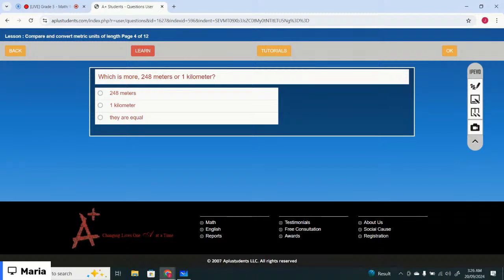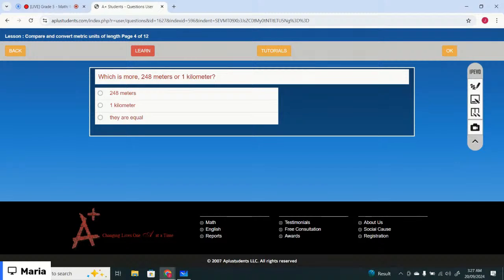In 1 kilometer you have 1000 meters. So which is more?